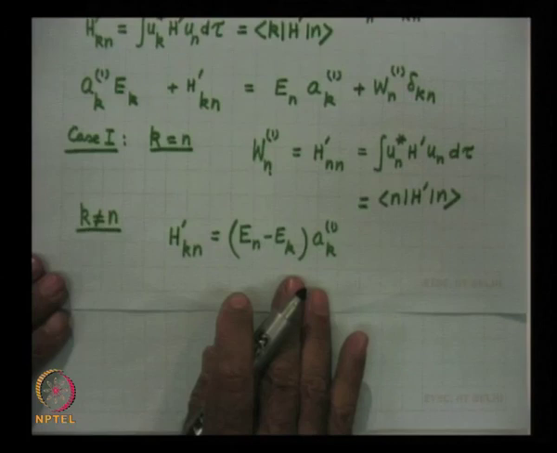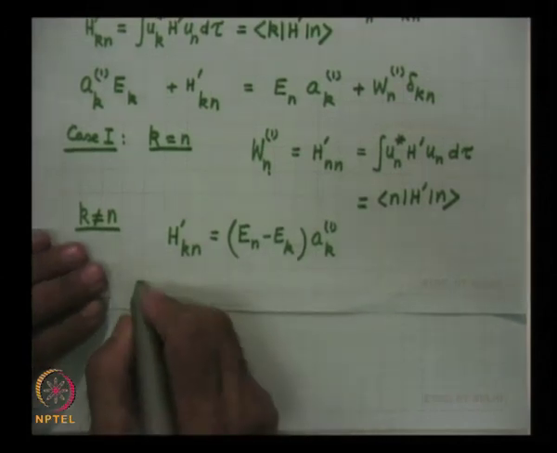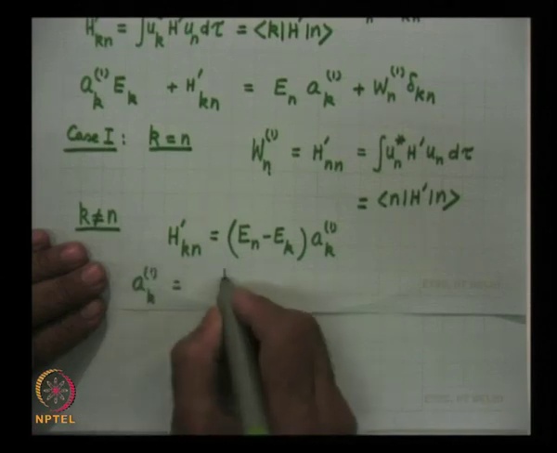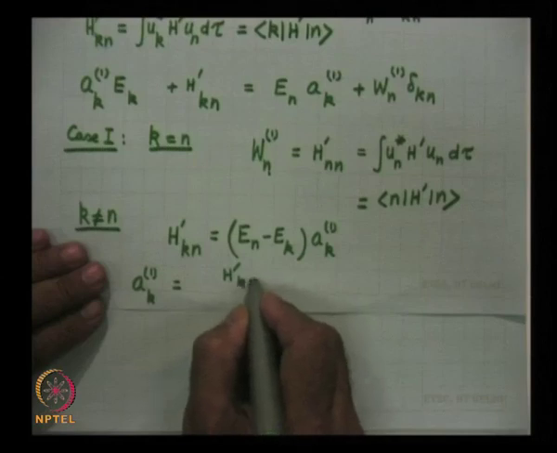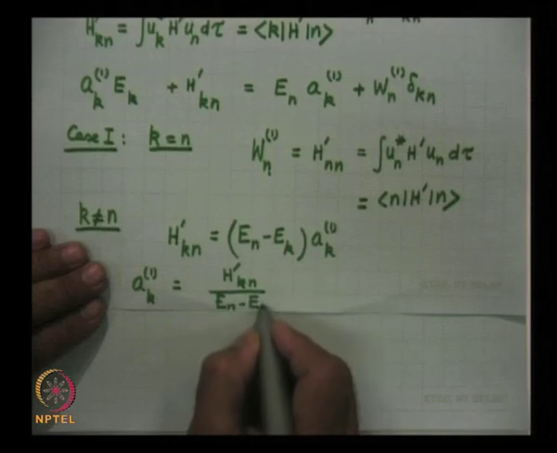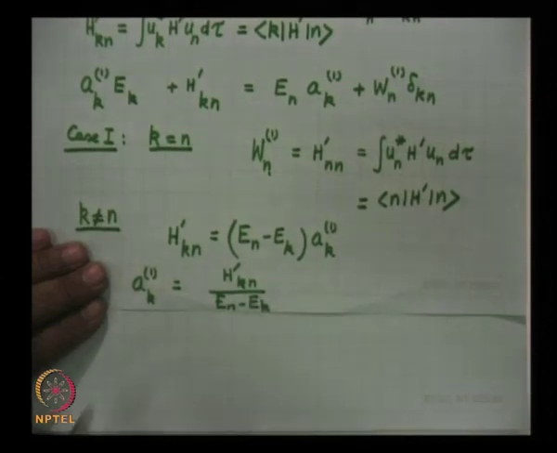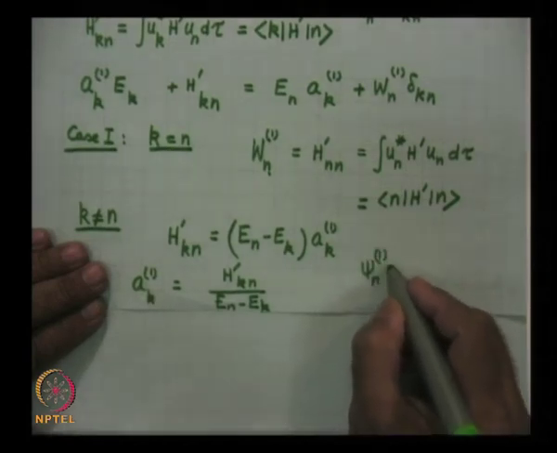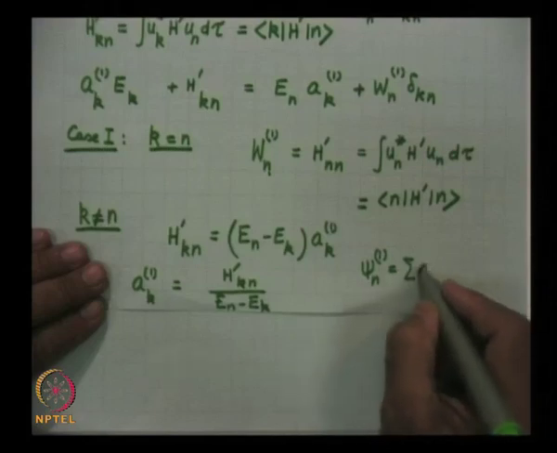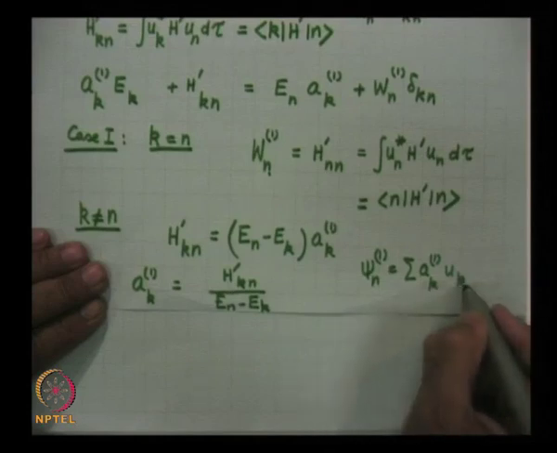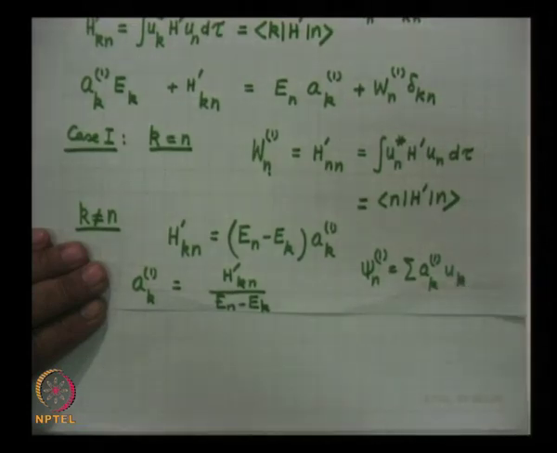So, you can use this to calculate A k 1, which will be equal to H prime k n divided by E n minus E k. So, we have the coefficients, because psi n 1 was equal to the sum of A k 1 u k. Actually, we had written A m 1 u m. This is a dummy variable, so it does not really matter.